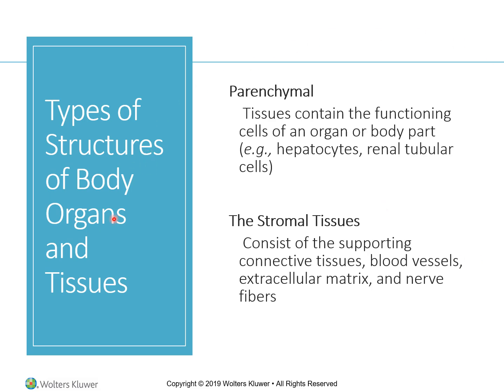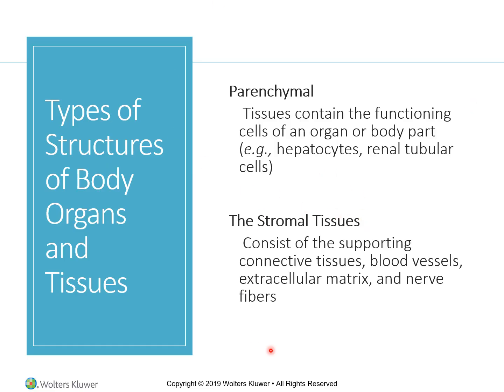But within body organs and tissues, we have a couple different types of tissues that form their overall structure and function. Parenchymal tissue contains the functioning cells of an organ or body part. So like in the liver, we have hepatocytes, and those are the cells within the liver that actually perform the specific functions we associate with liver function, or renal tubular cells that perform the functions that we associate with the kidney tissue overall.